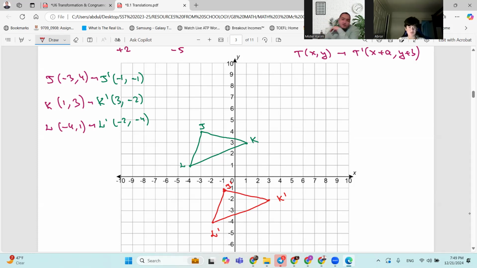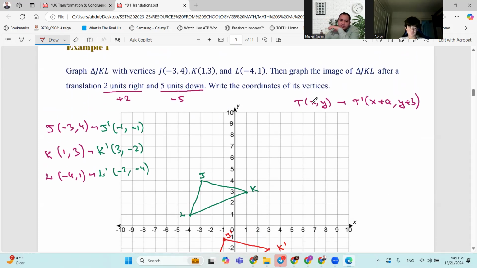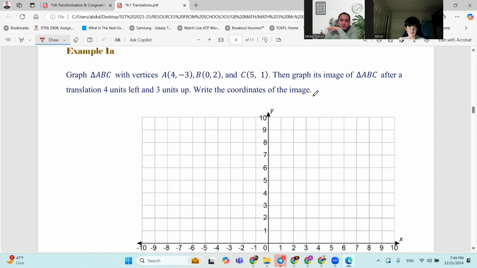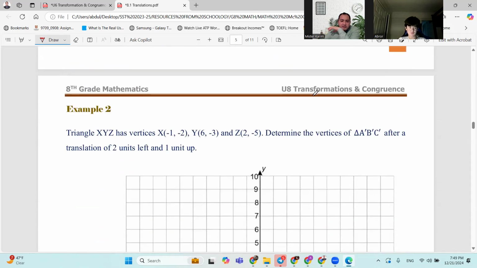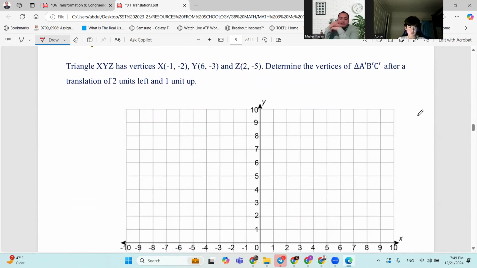To understand it, you should do the question, because otherwise you may have an idea, but you may not understand the question. The questions are similar. For example, let's say, next question, read the question. Triangle XYZ has vertices X(-1, -2), Y(6, -3), and Z(2, -5).